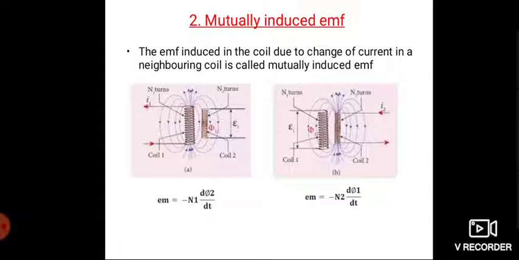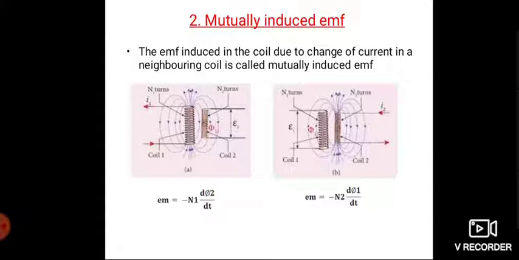This flux is also linked with coil 2 and induces an EMF in it, which is given by E equal to minus N2 d phi 1 by dt, where N2 is the number of turns on coil 2 and phi 1 is the flux produced by coil 1.